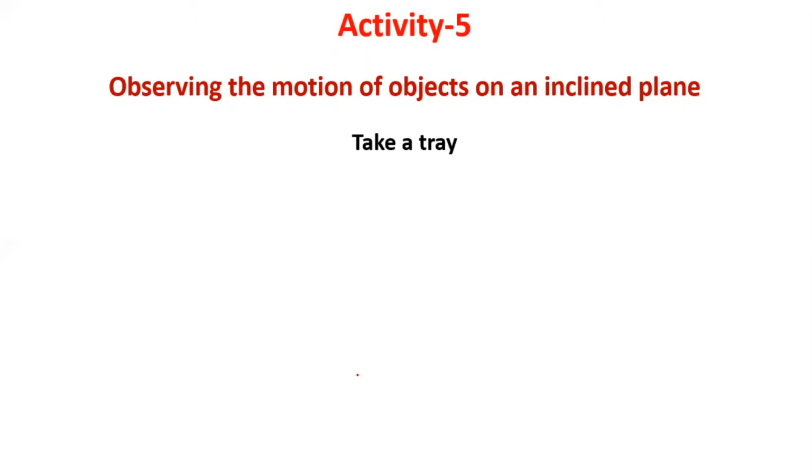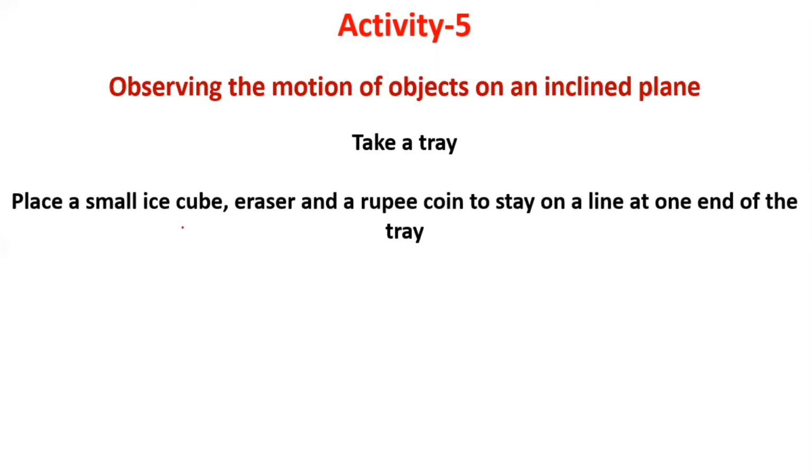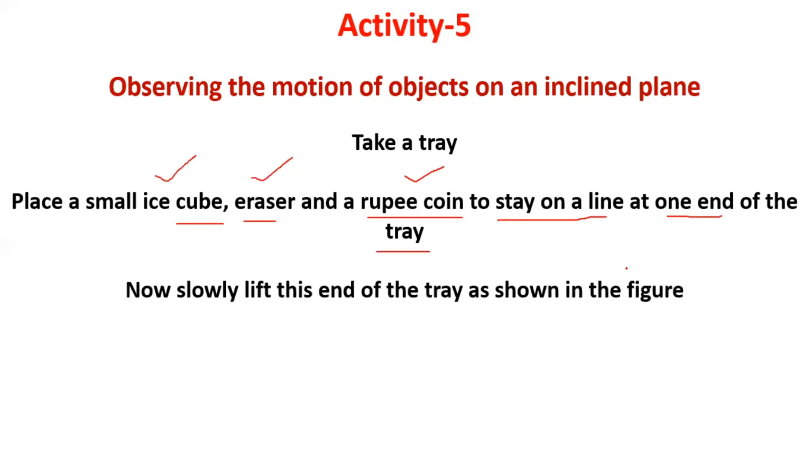For this, you need to take a tray, and place a small ice cube, an eraser and a rupee coin on a line at one end of the tray. Now slowly lift this end of the tray as shown in the figure.